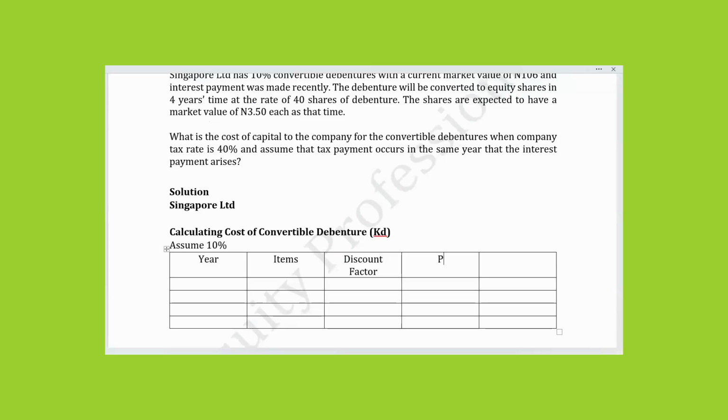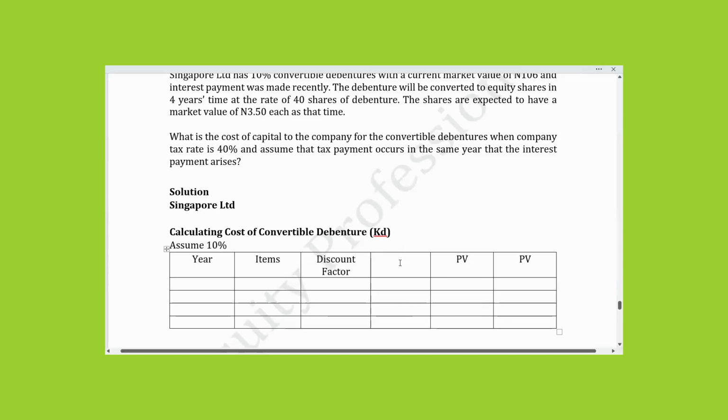We also have another present value. Let me add one more column. We are going to have two different discount factors. Okay, let's do it this way.